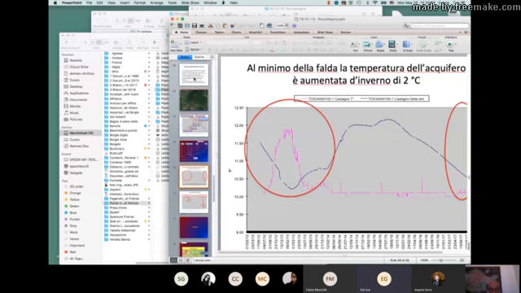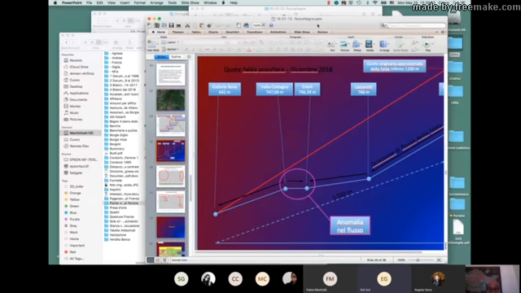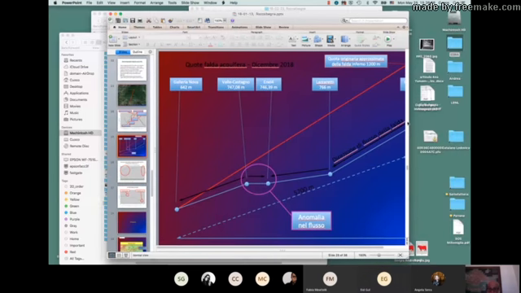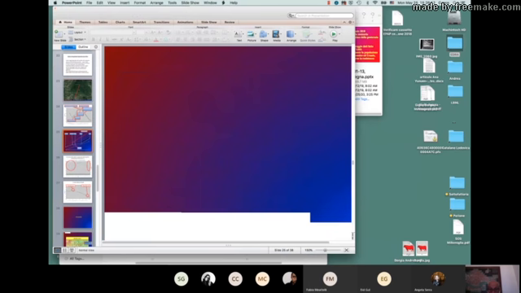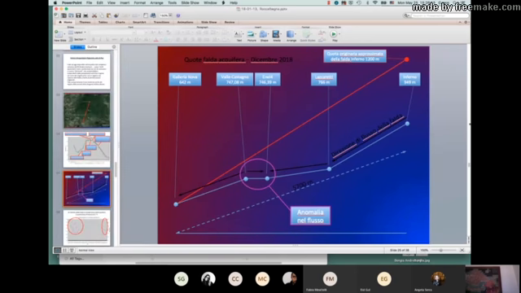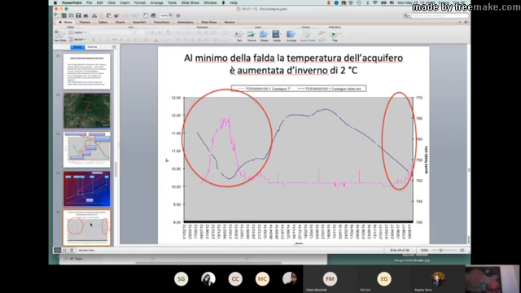Okay, let me show some other data. This is exactly that same slide that we have seen before, with the direction that is reversed in this area. Let me show what has happened at the time when I get this kind of minimum.